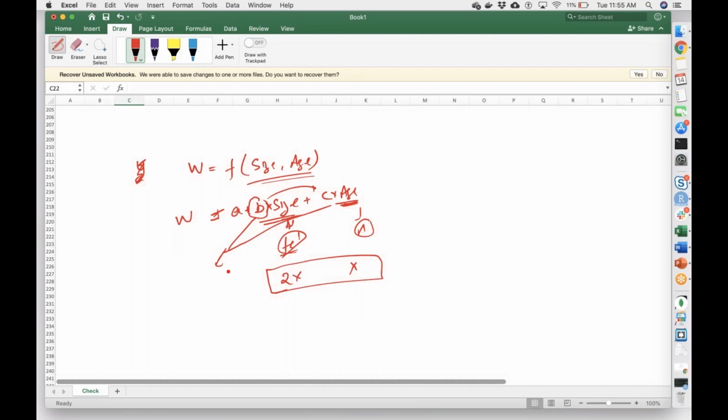Because of that normalization in your data, you will be in a better position to say that size is 2x more important than age by just comparing their coefficients. So this is why it's always recommended to do normalization or standardization in your data. So did that answer your question, Indu?